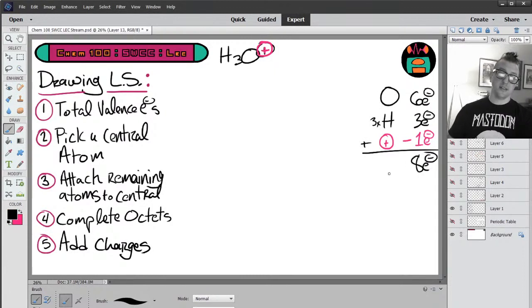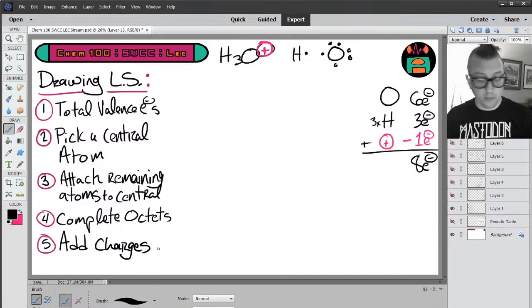We have a budget of 8 electrons. Given the choice between hydrogen and oxygen for a central, we're going to roll with oxygen. It likes to make more bonds. So oxygen will be our central atom.